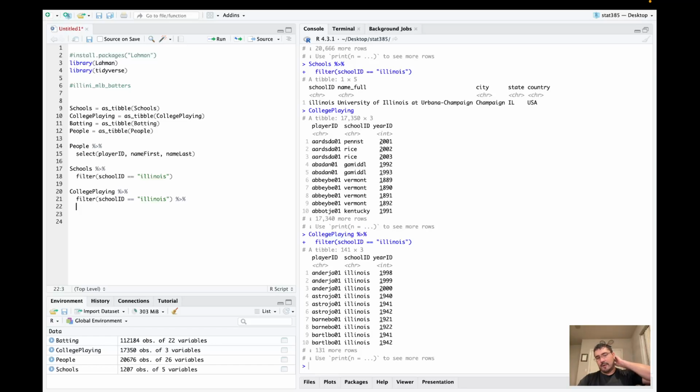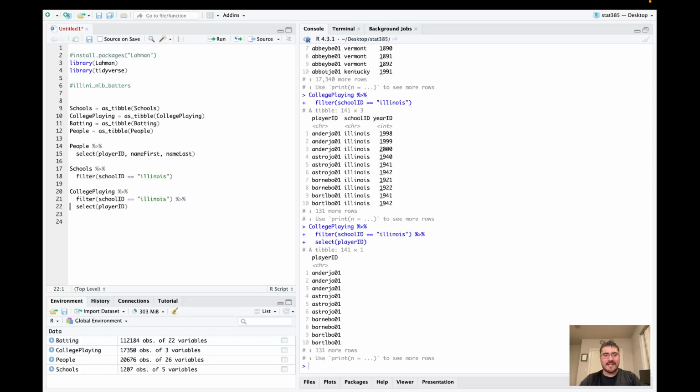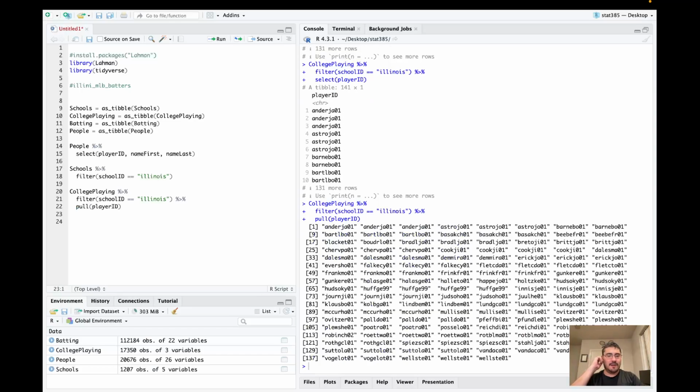If I were to select the column player ID, that's going to keep this in the form of a tibble, which is not exactly what I want. I want to actually pull the information out, and I can use the pull function. Now I'm getting all the player IDs for all the people that played for Illinois at any point.